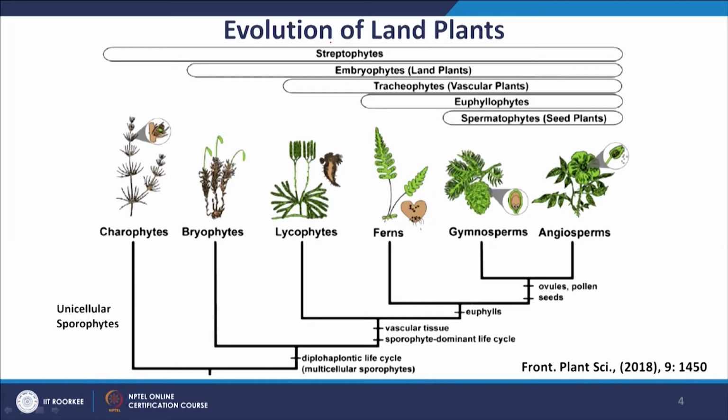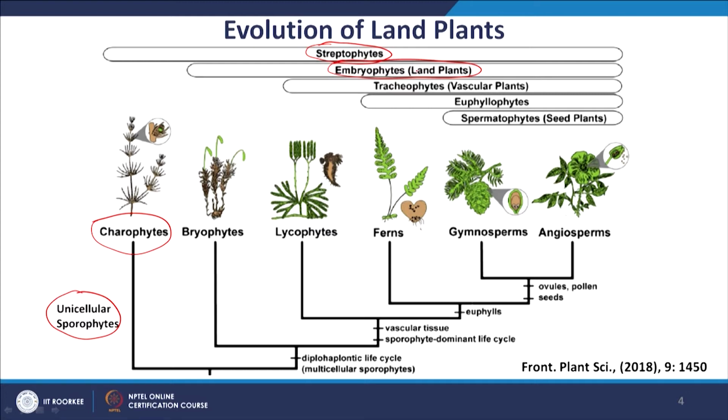If you look at the overall evolution of land plants, they belong to the Streptophyte clade of the plant kingdom. This Streptophyte clade includes the Charophytes, which are green algae, and the Embryophytes, which are typically called land plants. One important thing is that in Charophytes the sporophytic stage is unicellular, whereas in all other land plants it is multicellular.